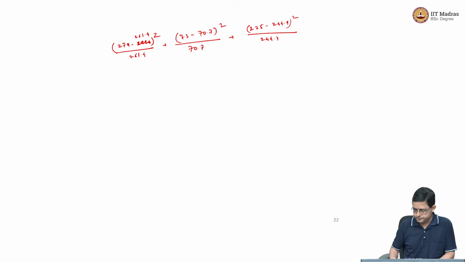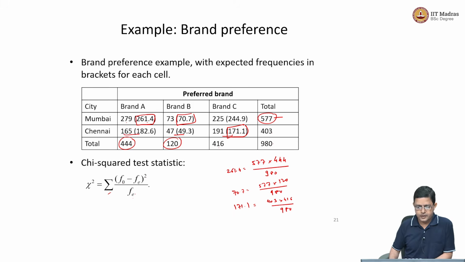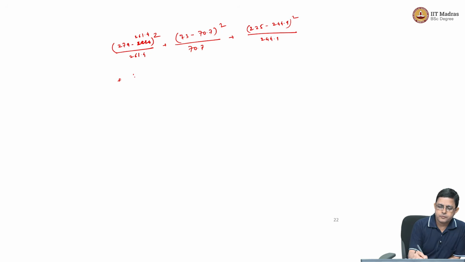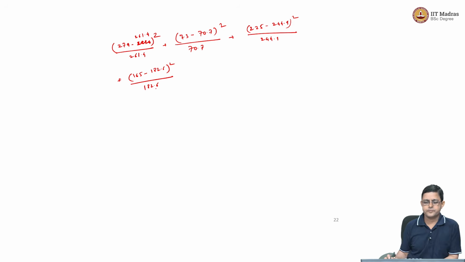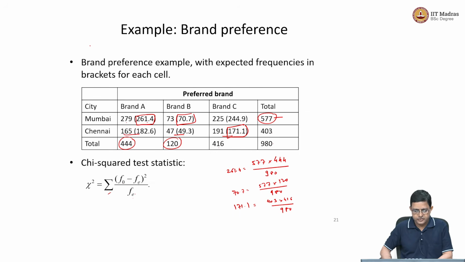That is the third entry. Similarly for the remaining cells: plus 165 is the observed frequency, 182.6 is the expected frequency, square the difference, divide that by 182.6. And we do that for the remaining two cells. The summation of all of this is called the chi-squared test statistic.